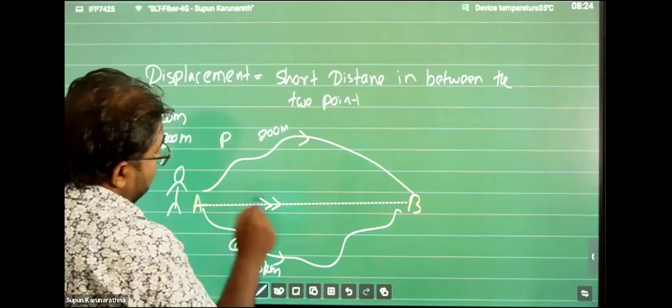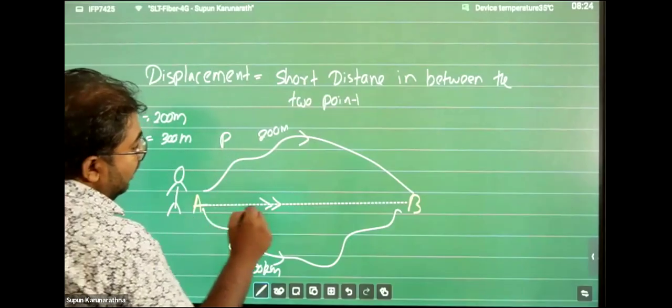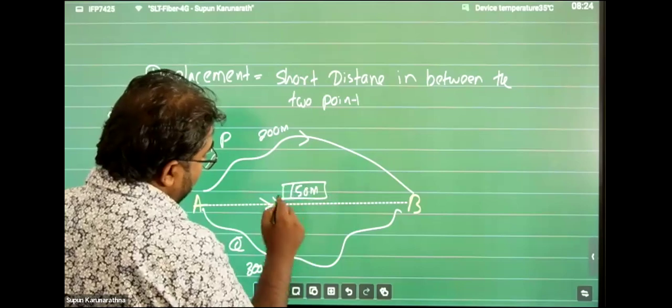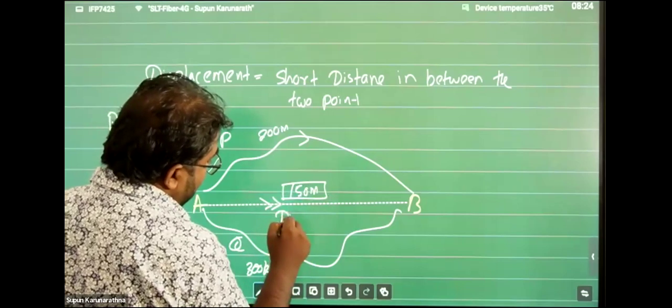But the shortest distance between A and B, let's take it as 150 meters, we call the displacement.